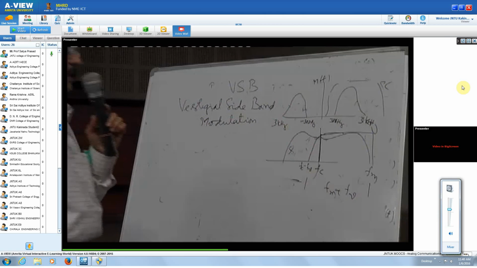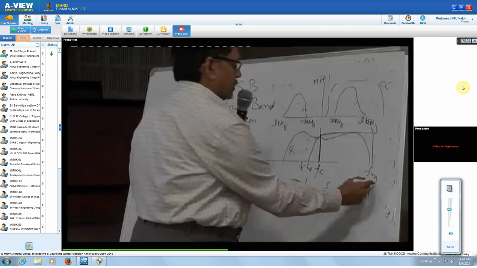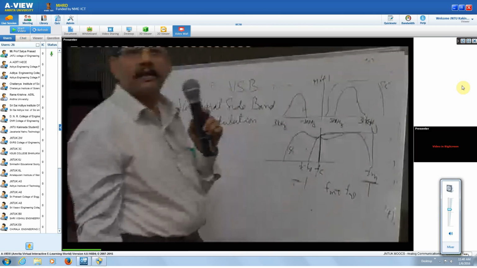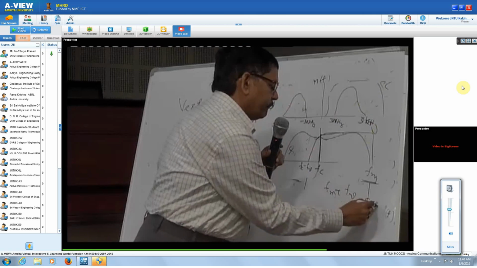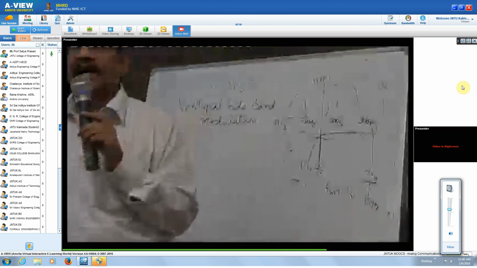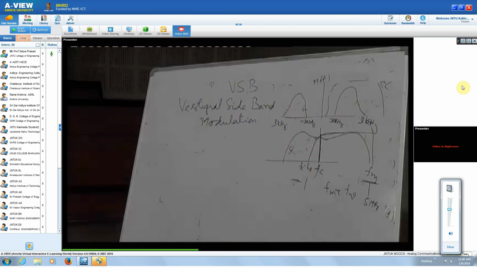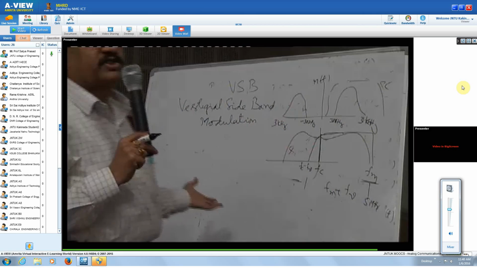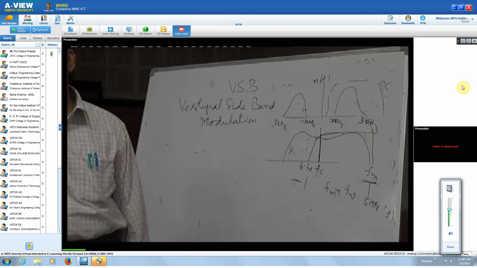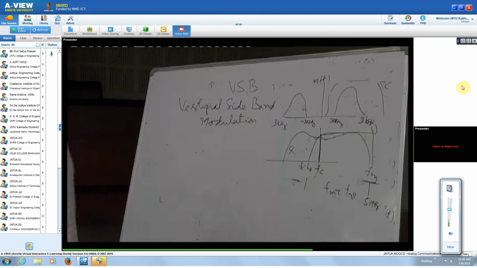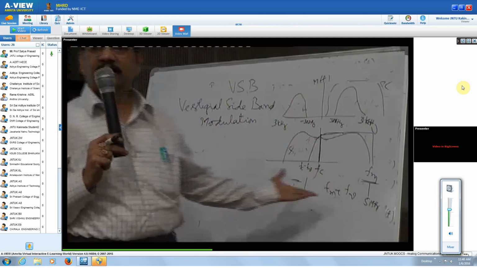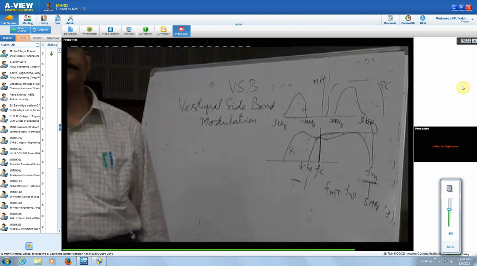Not only this, the TV signal has a highest frequency of 5 megahertz for CCIR standards. So from 0 to 5 megahertz we have all the frequency components in your video signal. So if you use amplitude modulation, what is the bandwidth that we require?